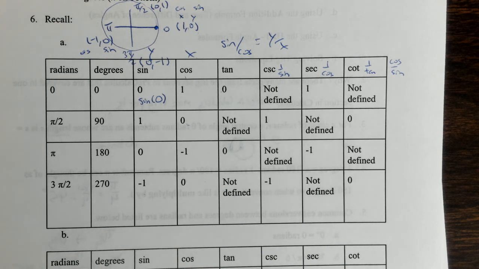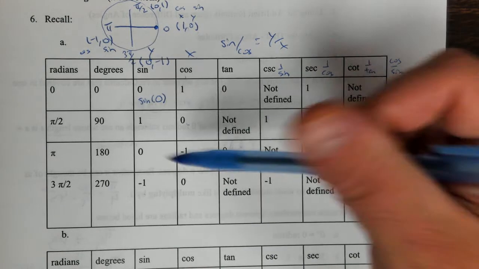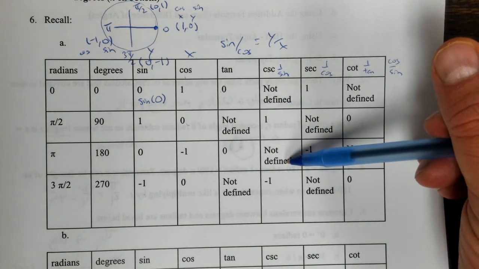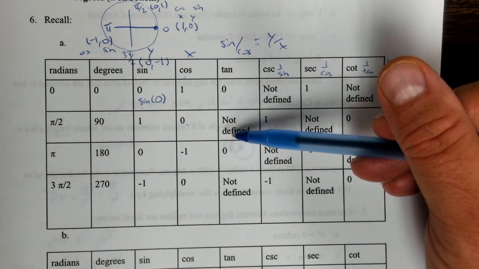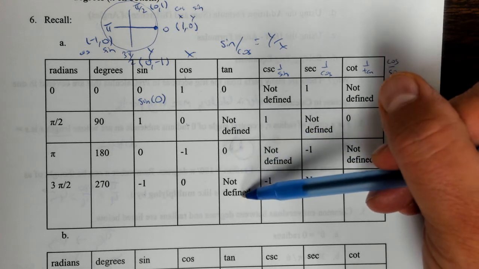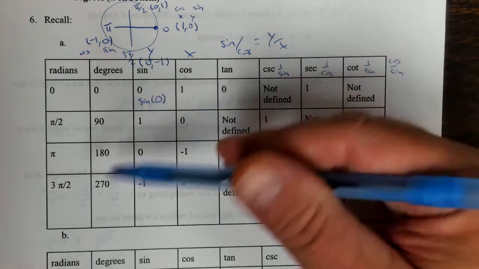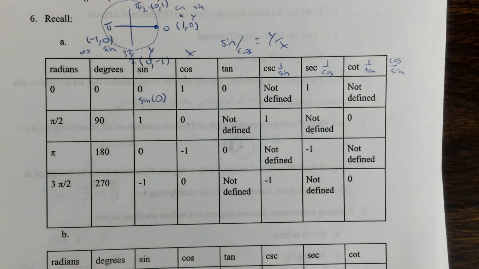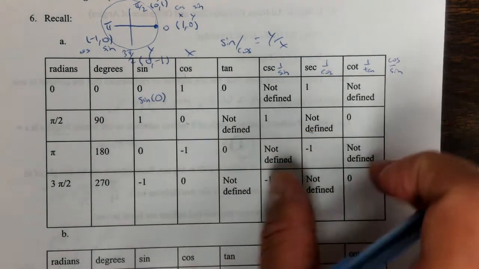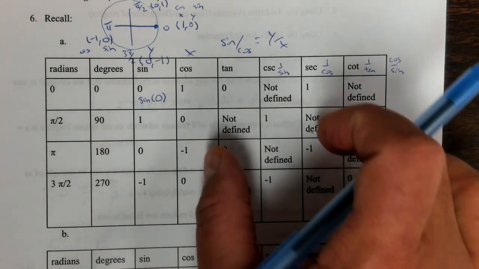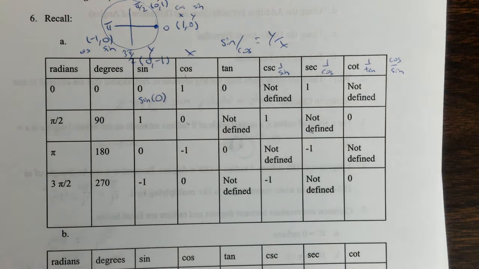So what you will see is that for 0 and pi, your cosecants are not defined, but for tangent and secant, pi halves is not defined. So you're going to have asymptotes for 2 functions that match. So cosecant and cotangent match, and tangent and secant match.